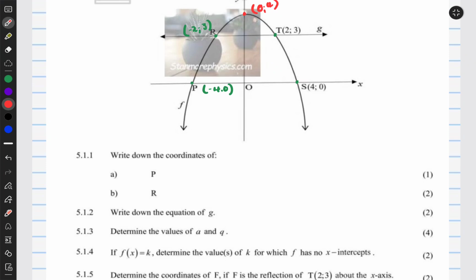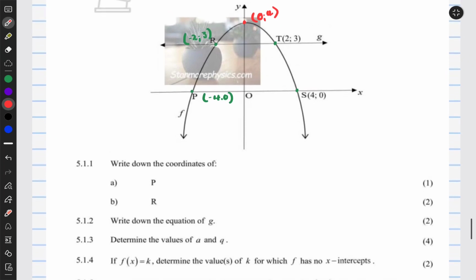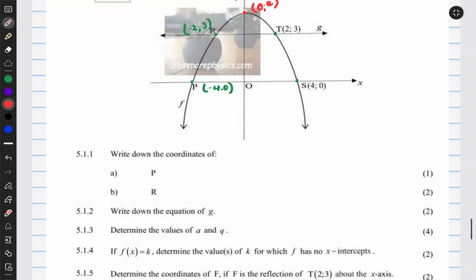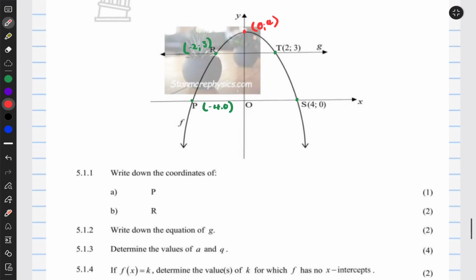Determine the values of k for which the function f has no x-intercept.